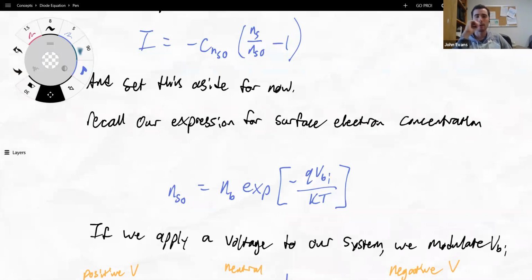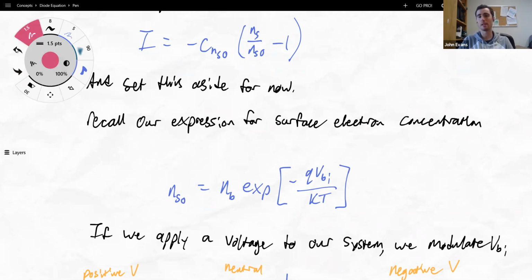Now, in one of our previous lectures, we looked at an expression that got the surface electron concentration for us. Remember, it had that Boltzmann relationship. So the surface electron concentration is going to be equal to the bulk electron concentration multiplied by an exponential of negative q V_BI. Remember what we saw, if there was larger V_BI, we would get fewer electrons at the surface, divided by kT, which is just thermal energy.